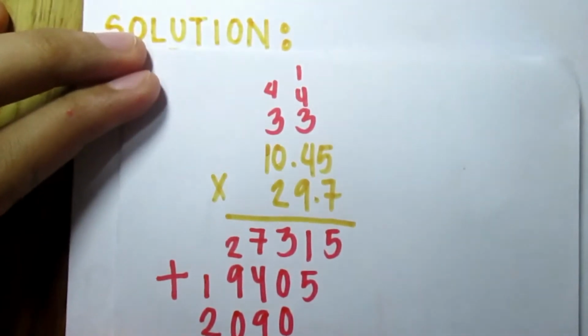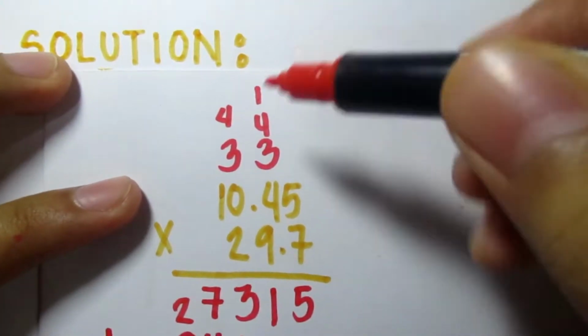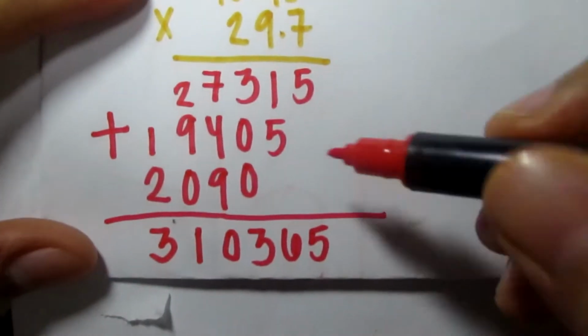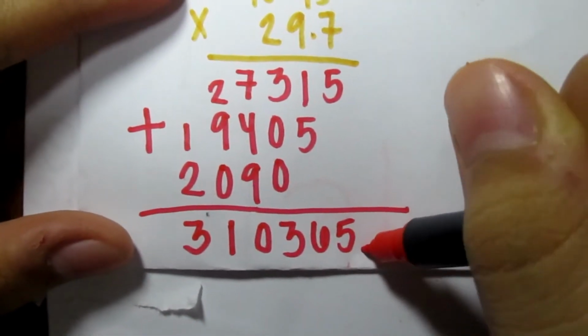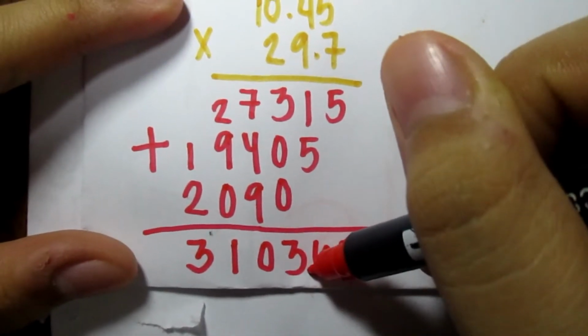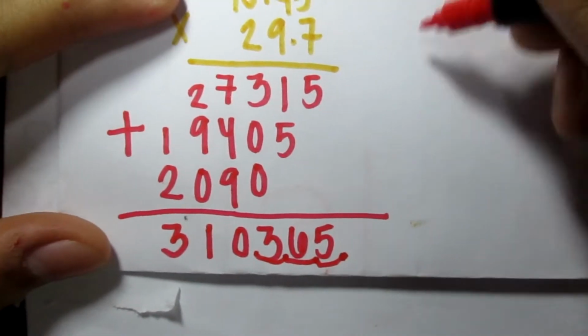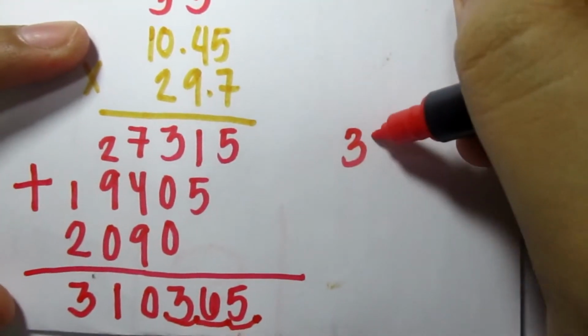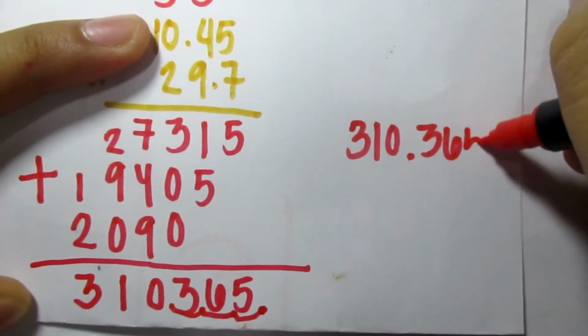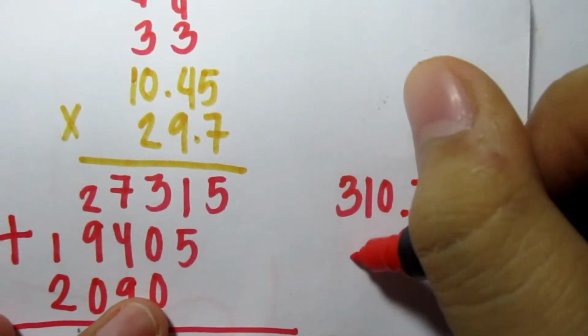So to get the final answer, you just need to count the decimal places: 1, 2, and 3. So the decimal point here will be moved to the left 3 times: 1, 2, and 3. So the final answer is 310.365 miles.